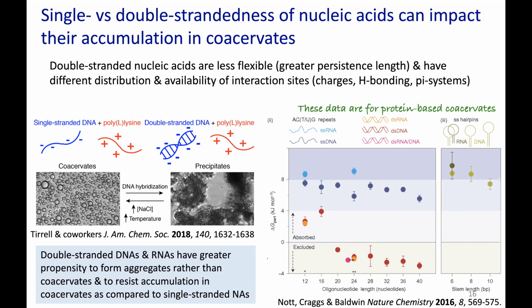They interpret this in terms of a mesh-like structure that can't handle the high persistence length of these longer duplexes, so 20-mers and longer. That kind of discrimination is interesting. They also observed that the fraction of duplex present on the inside of a coacervate was lower than on the outside. So it seemed like it had an effect of essentially melting, if you will, the duplex.